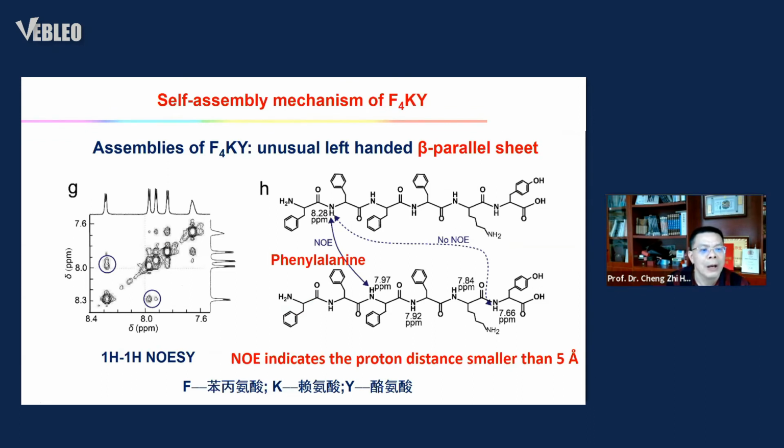By using nuclear Overhauser effect spectroscopy, we found that the phenylalanine amino acid residues between two L-type hexapeptides have strong interactions, with the proton distance smaller than 5 angstrom. That is, the steric hindrance makes the D-type short peptide unable to interact between two hexapeptides.